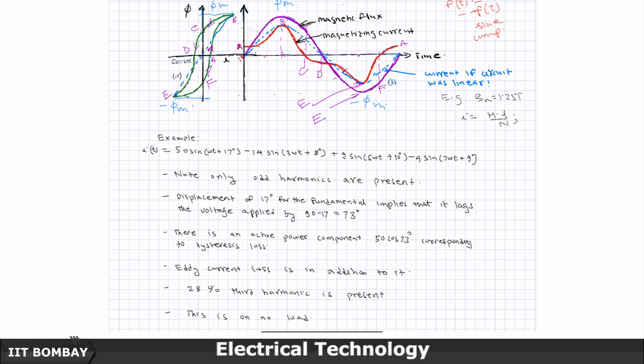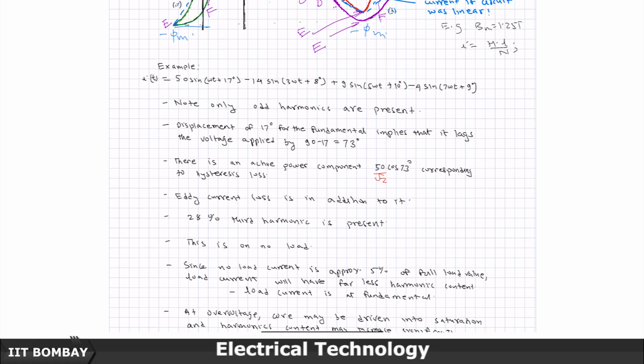So, the 50 cos 73 degrees, or 50 by root 2 if you want to talk in RMS value, corresponds to the component that will be responsible for the hysteresis loss. Eddy loss is going to be in addition to it.